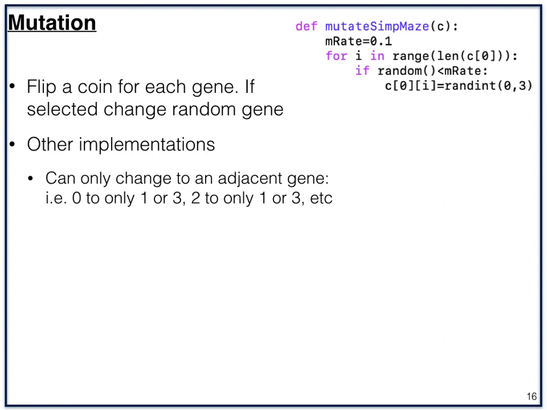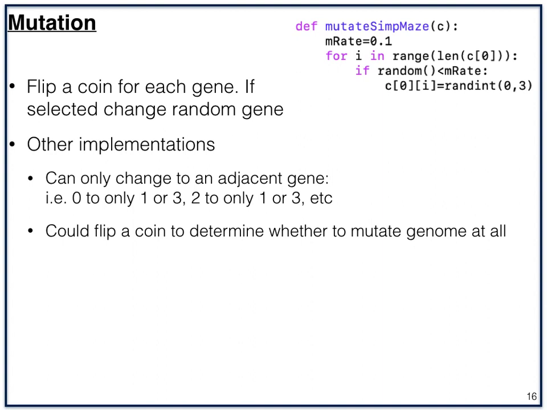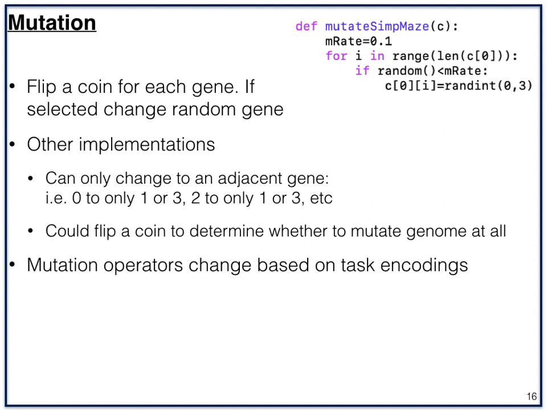For instance, if the original gene is 0, I can only change it to a 1 or a 3. If the original gene is 2, I can only change it to a 1 or a 3, for example. Similarly, I could flip a coin for a particular genome and determine whether I should mutate that genome at all. So there could be some instances where I don't perform mutation on a genome at all.